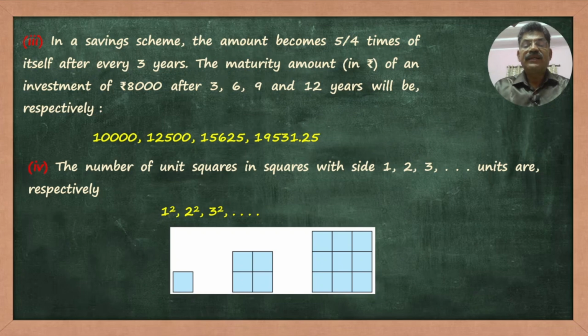The next square is of length 3 units. Therefore, 3 into 3, 3 square, 9 unit squares are there. So it will go on continuously. Now you can easily understand the pattern in the sequence of numbers. So 1 square, 2 square, 3 square. You can guess the next number: 4 square. The next number will be 5 square. So you can easily guess.